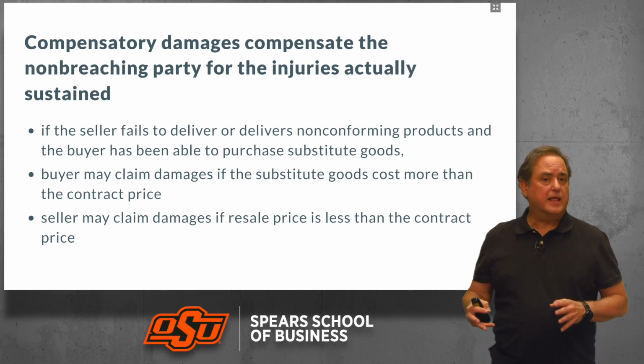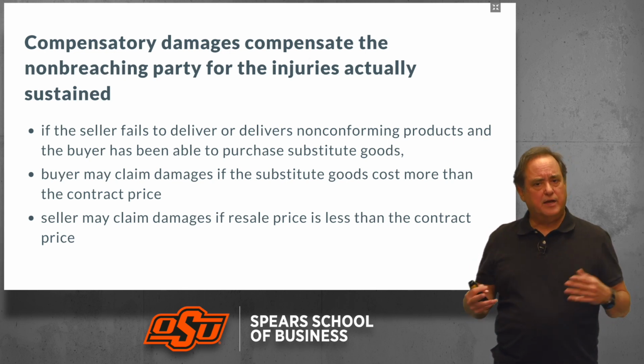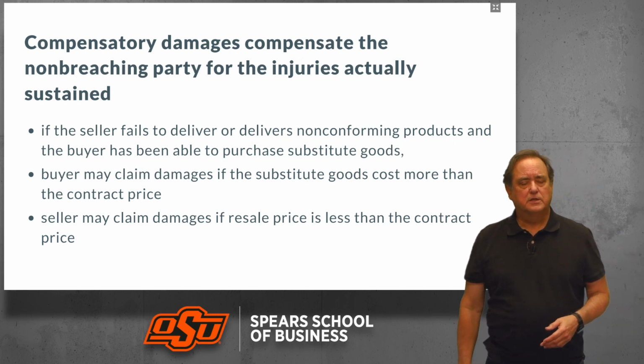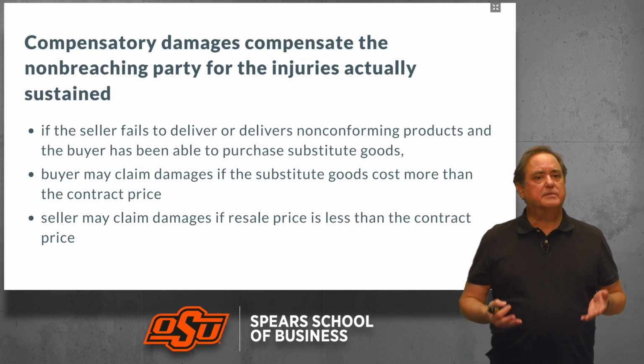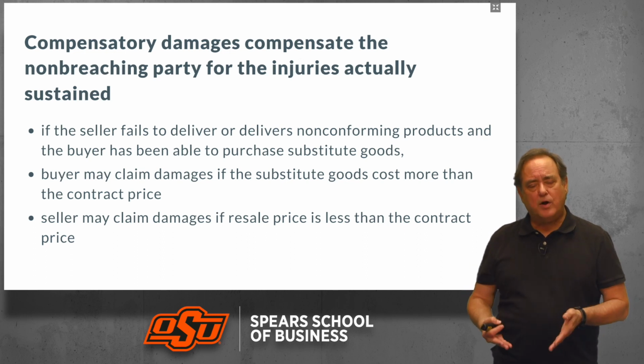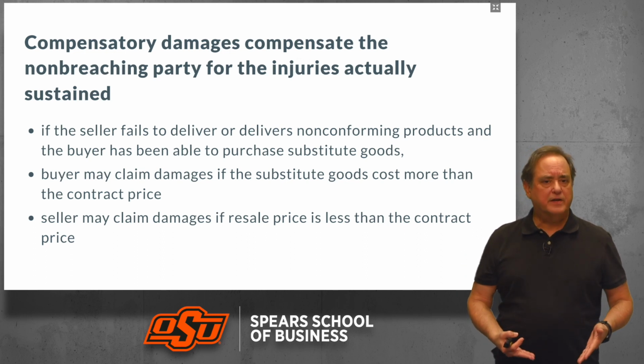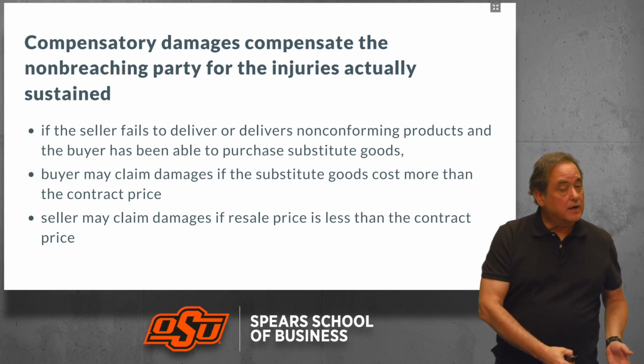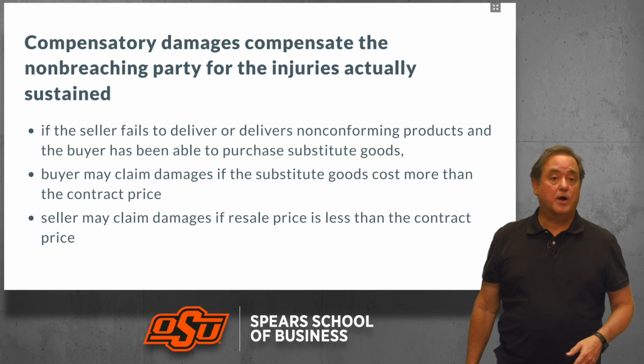A seller can claim damages if the resale price is less than the contract price. So compensatory damages are meant to compensate the parties for the loss of the benefit of the bargain, and ordinarily compensatory damages are made up of the difference between contract price and market price.